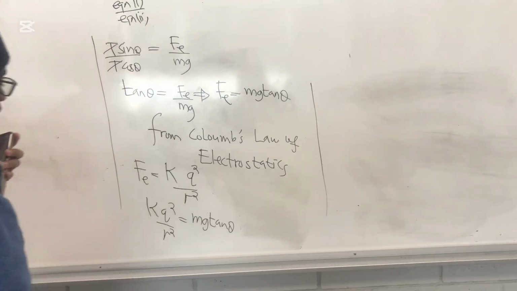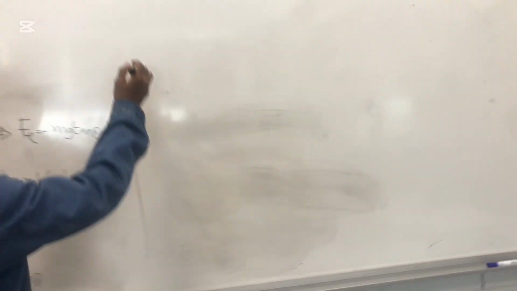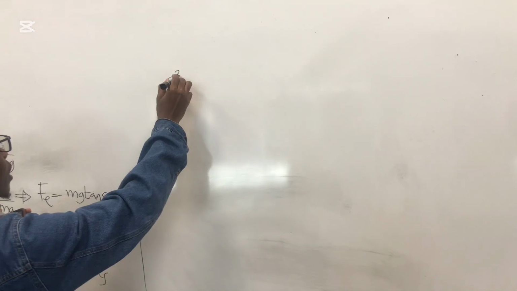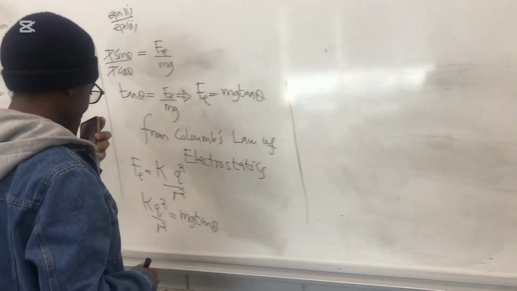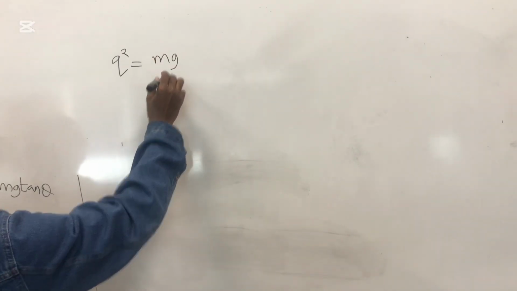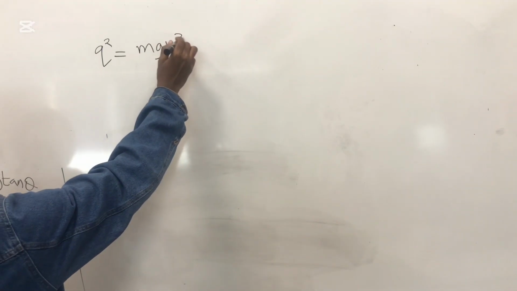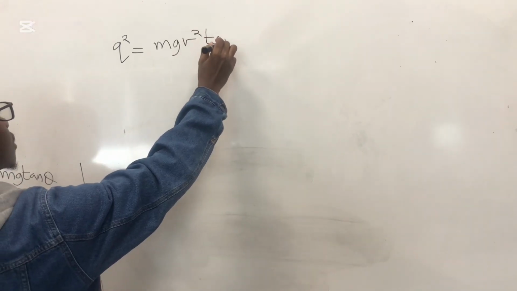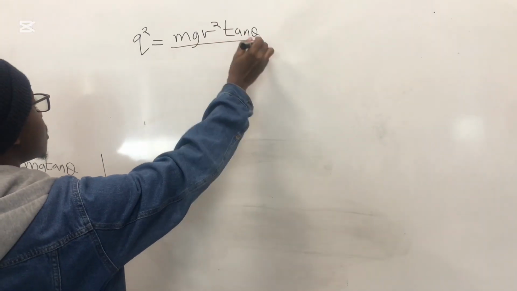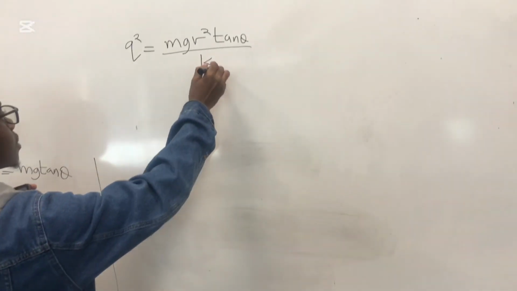All right. So from here, if we want to find the value of Q, Q square will be equal to mg, then we have R square, we can multiply it there. Mg R square tan of angle theta, all divided by the electrostatic constant K. So this is Q square.